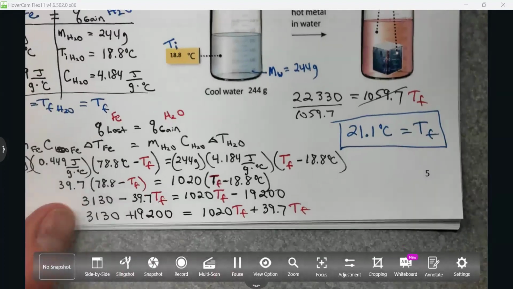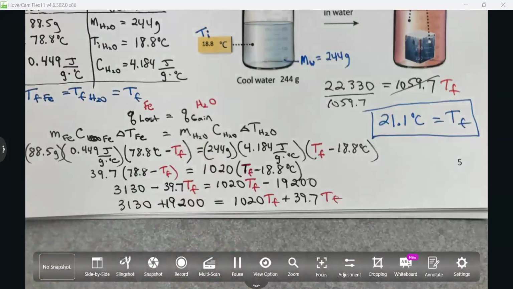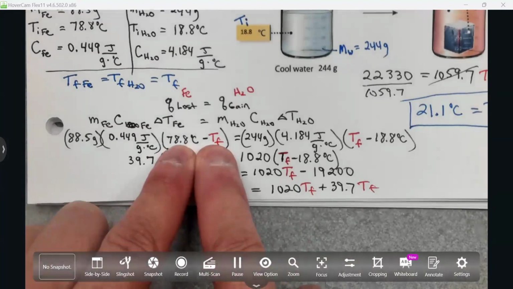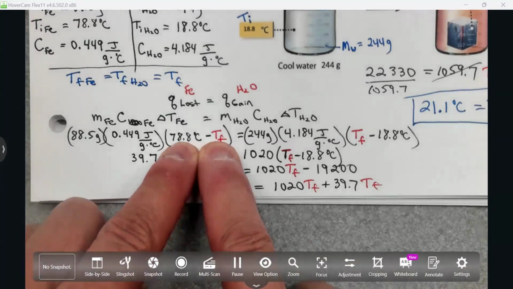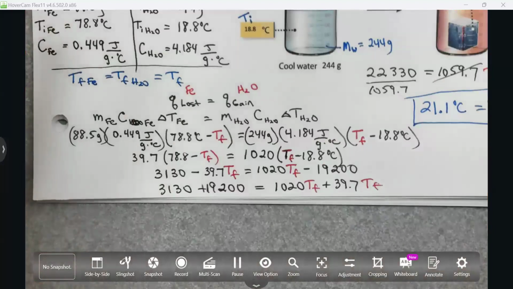I think that's right. I screwed it up one time, had it wrong, but I think that's right. Okay, again, when you do these, just keep the temperature change quantities positive.